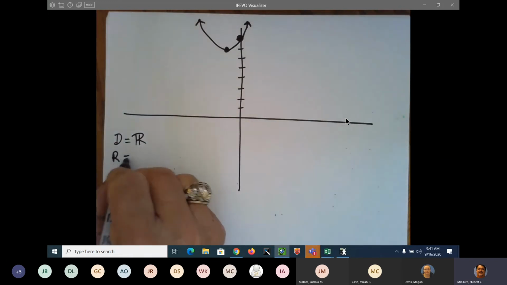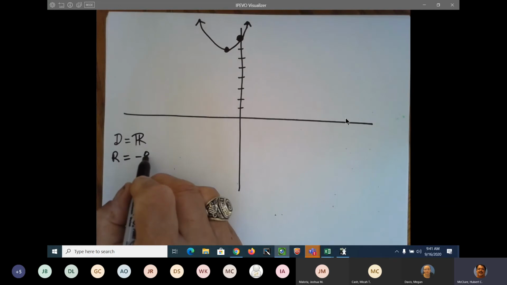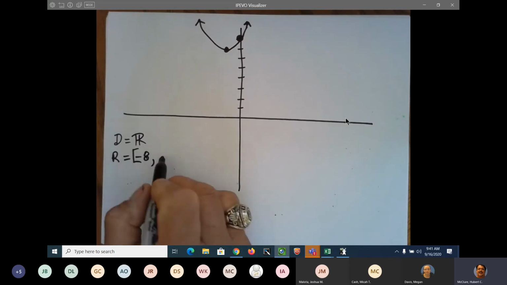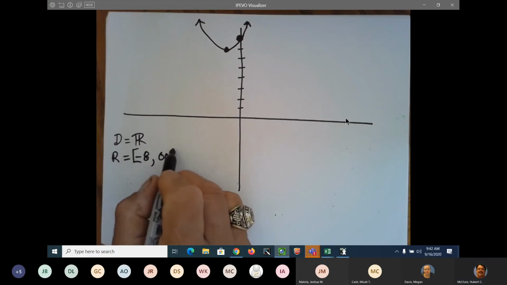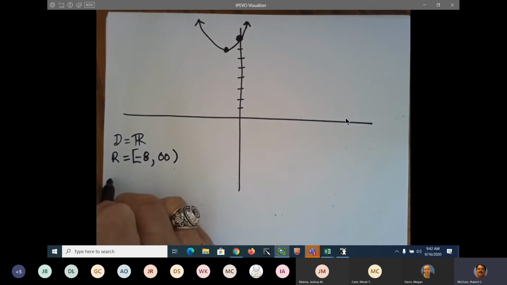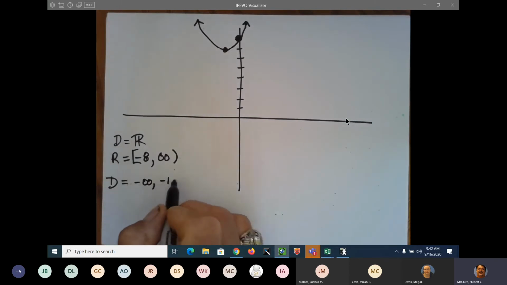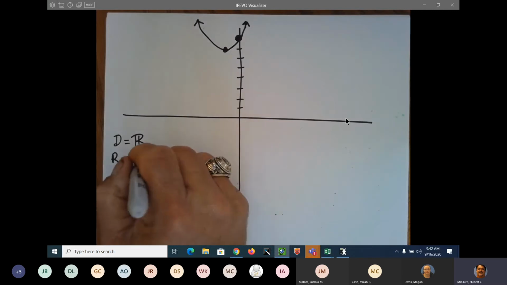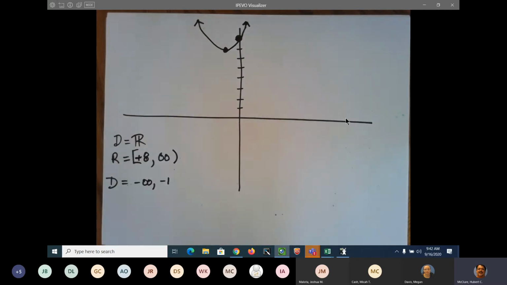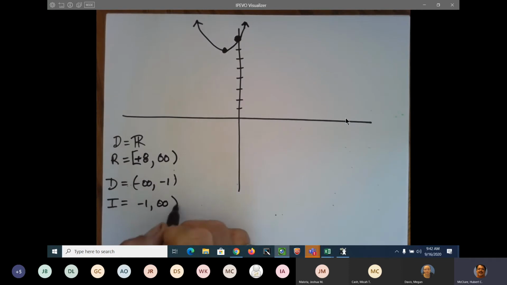My range is from 7 to infinity. My decreasing is from -infinity to -1. And increasing from -1 to infinity.